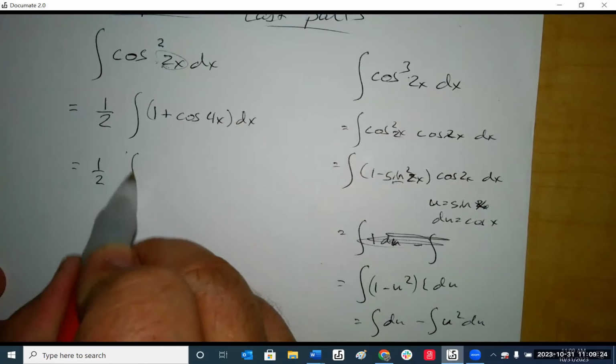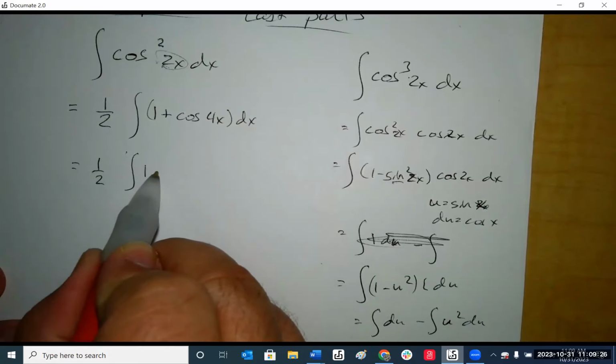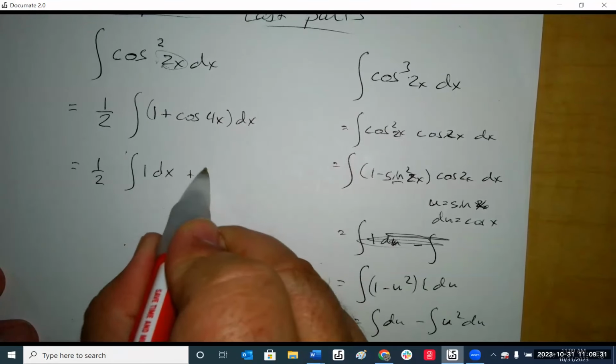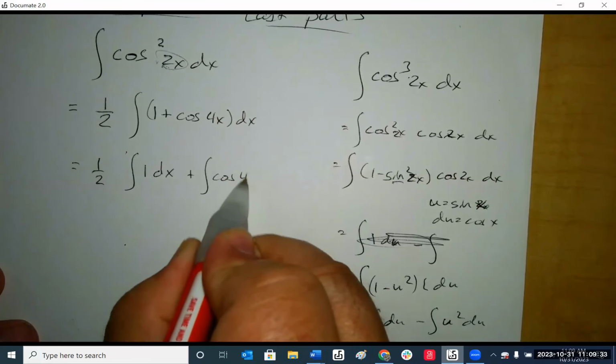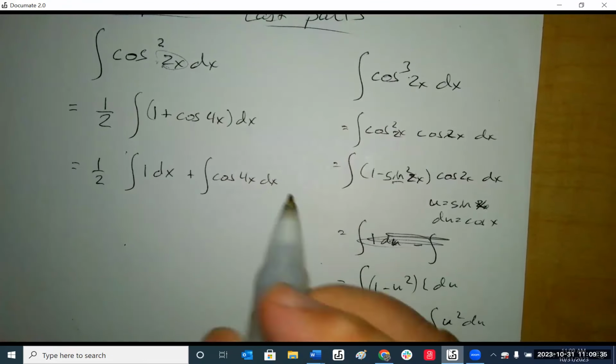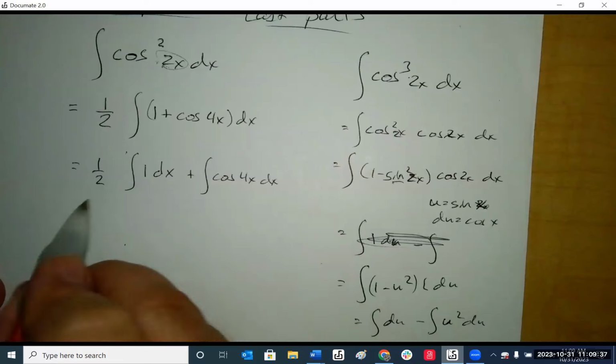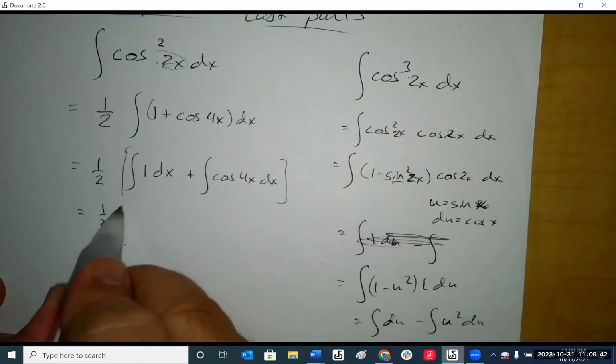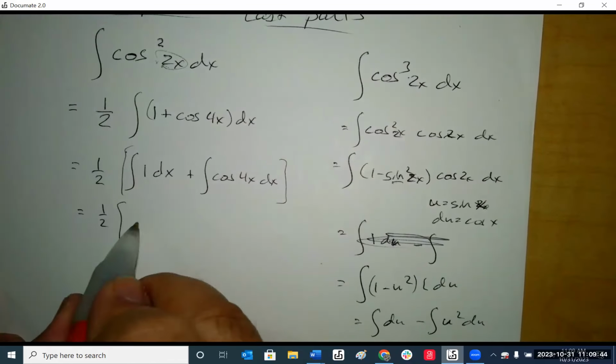So we take the integral of 1 dx plus the integral of cosine 4x dx. The integral of 1 is x.